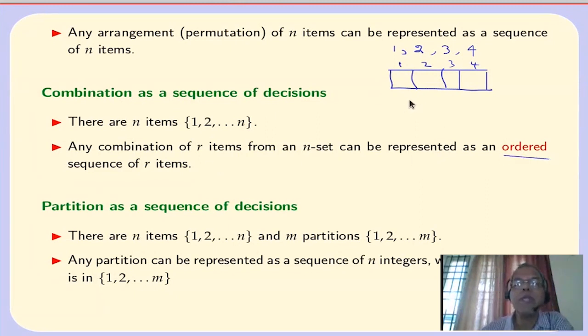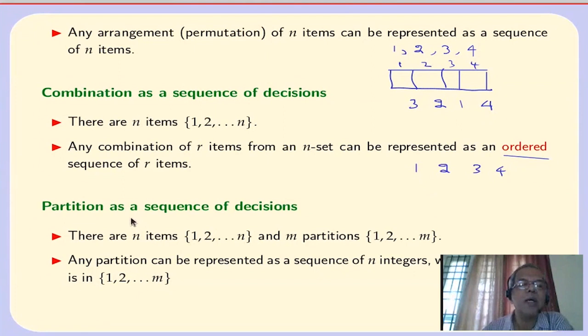For example, a sequence can be 3, 2, 1, 4. But a combination is always 1, 2, 3, 4. Whether it is 3, 2, 1, 4 or 3, 2, 4, 1, all amount to the same combination. In a combination, order does not matter. Therefore, we choose a single order.